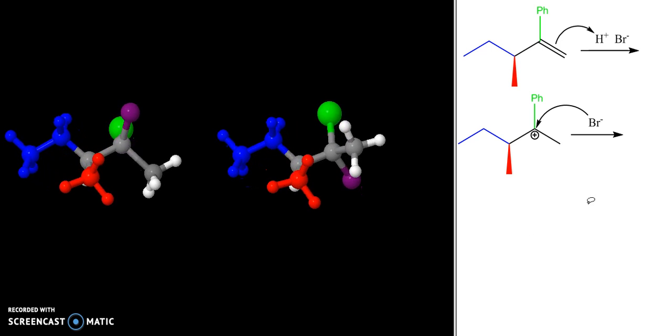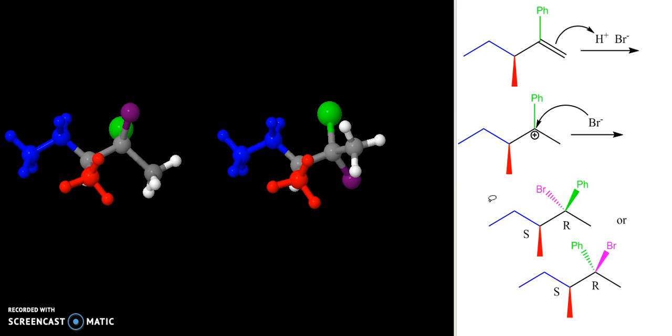Let's look at the products on the other side in the two-dimensional drawings. And what I do want you to notice is that on this carbon right here where my bromine has come in, I have 4 different groups coming off of it. I've got the phenyl ring, I've got the bromine, I've got this methyl group, and I've got this hydrocarbon chain. It's 4 different groups.